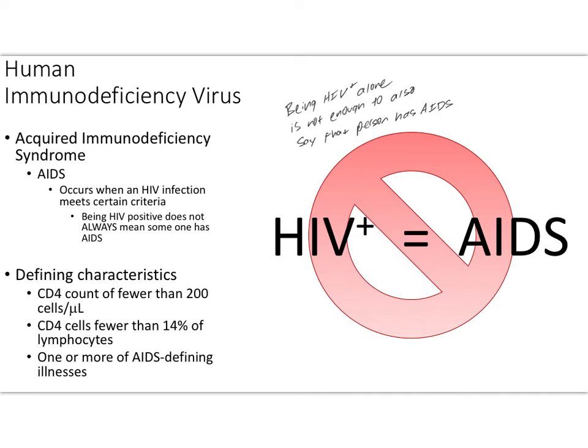That stage is getting a little bit longer these days with treatments that we have and knowing more about the disease and the virus and the types of infections it starts to lead to. But once someone progresses, at least at this point in time, into the AIDS portion of being HIV positive, they will end up dying as a result of this disease or of this infection.